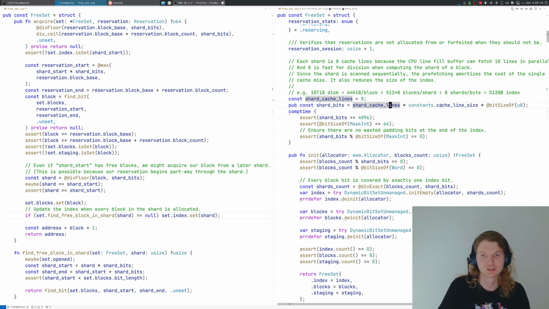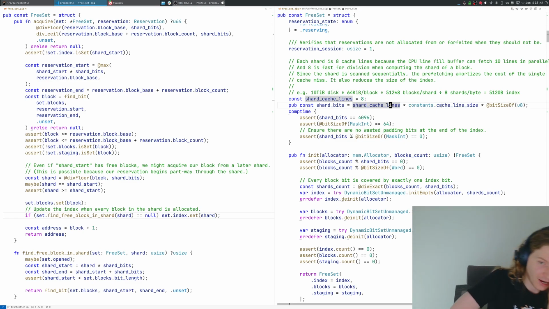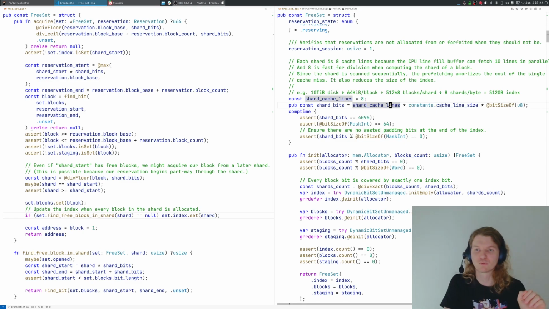And we say that the shard is 8 cache lines, so 64 times 8 times 8, so 64 squared, which is 256, I think. So basically for each 256 bits of our actual bit set, we store 1 bit in the index.